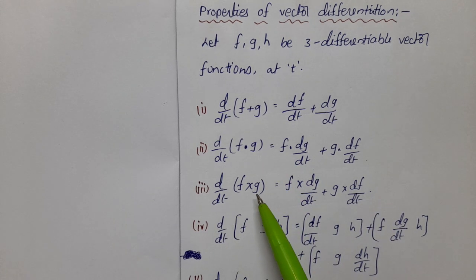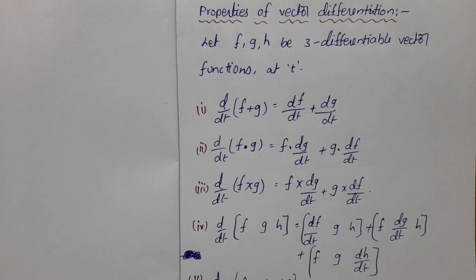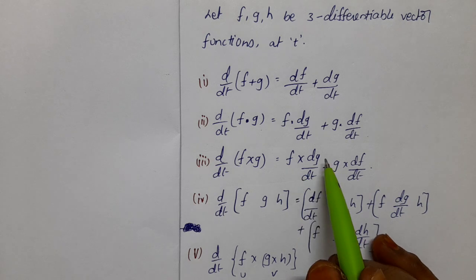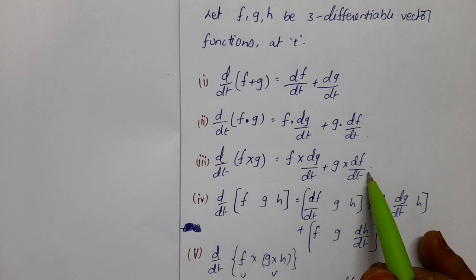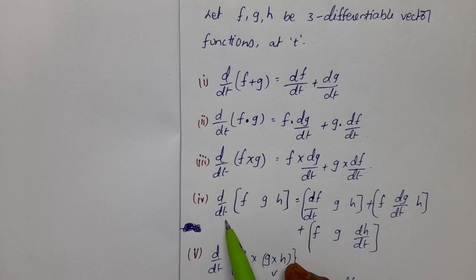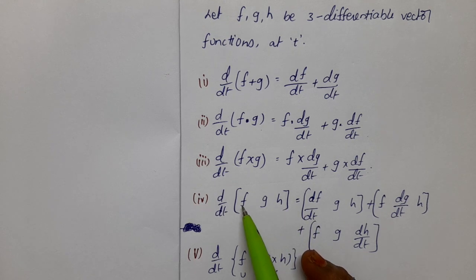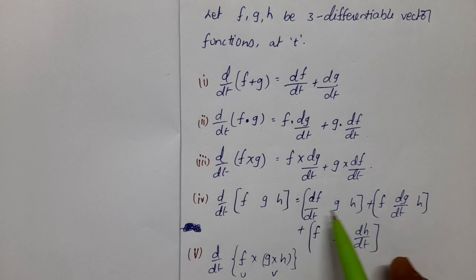Derivative of f cross g. Here also we use the derivative of uv formula with the cross product: f cross dg by dt plus g cross df by dt. Derivative of box of f, g, h. First differentiate f, the remaining are fixed.